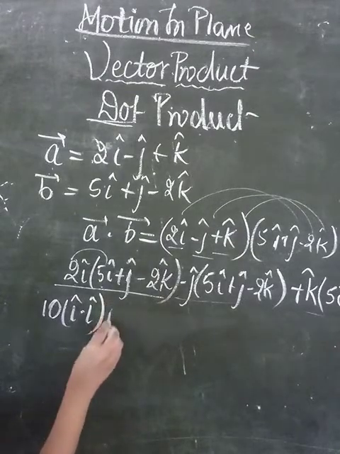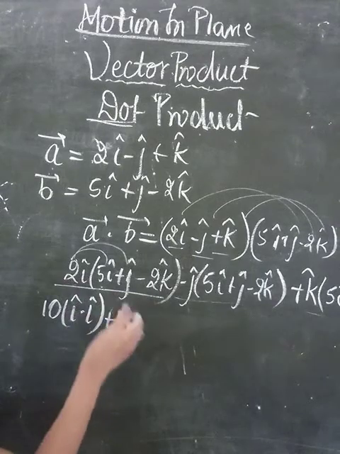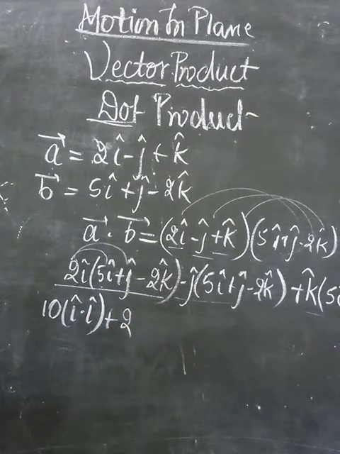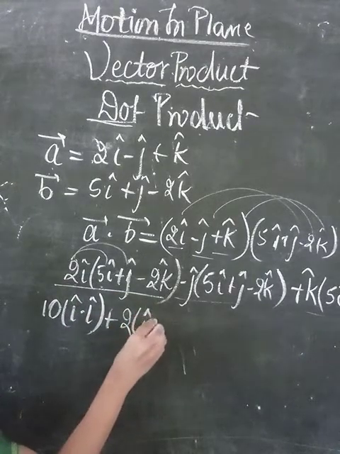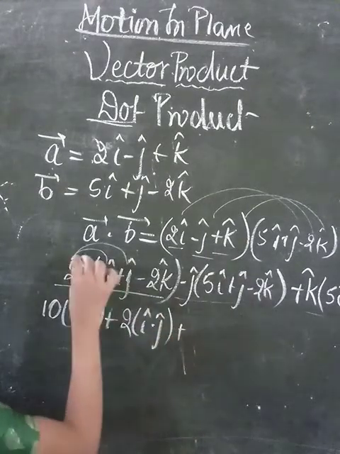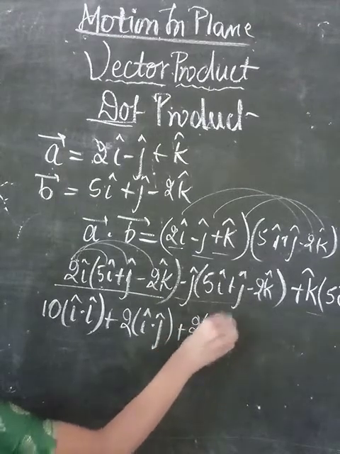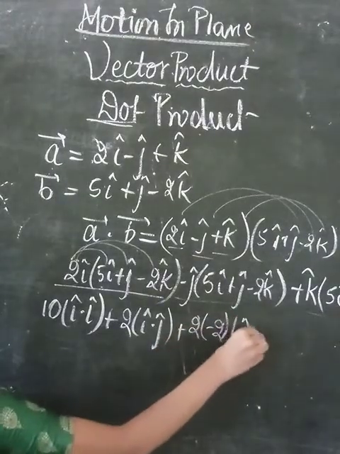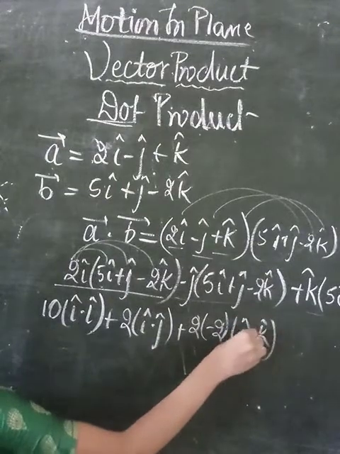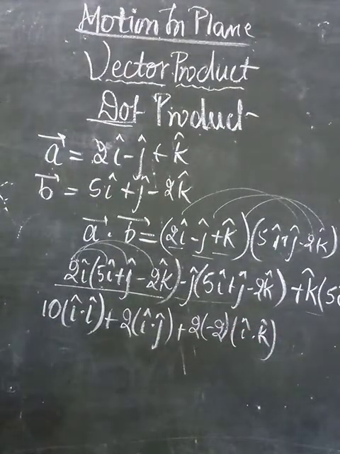And again we have to add, then again the scalar quantities can be multiplied, that's 2 ones are 2, and i dot j. Again we are multiplying 2 into minus 2, and i dot k.